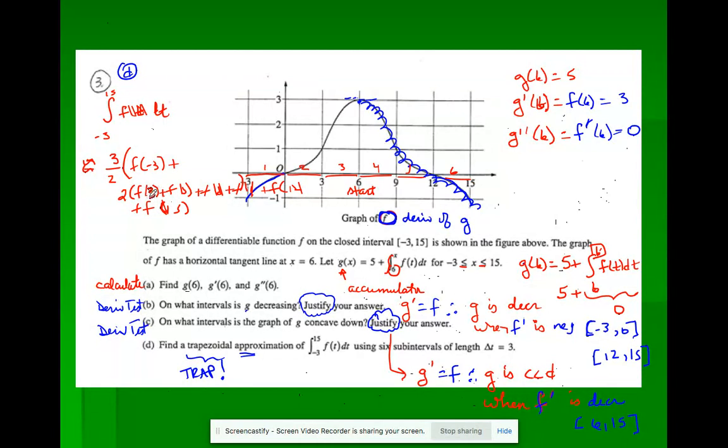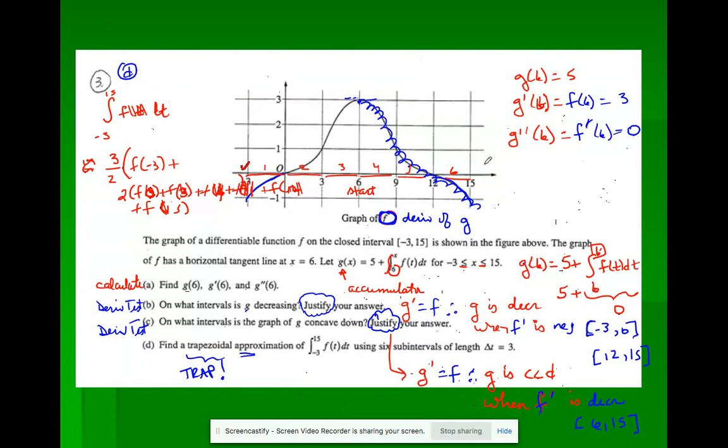Let's just see. So bad. Didn't realize how bad that was as I was writing.